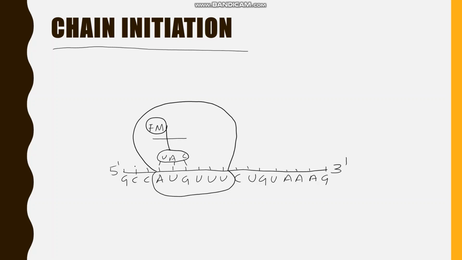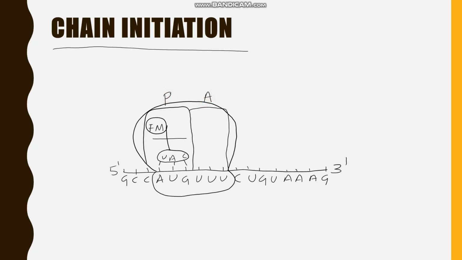The larger subunit of the ribosome binds to it. So now the initiation complex is completed. But just remember, in this larger subunit we can see two sites. This is one site and this is another site. This site is called the P site and this is the A site.